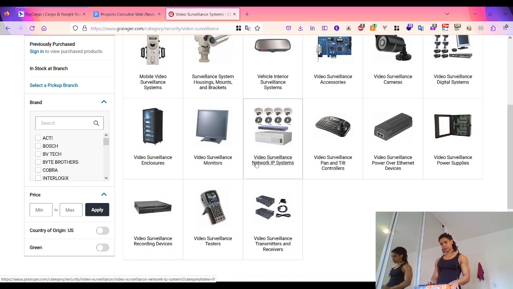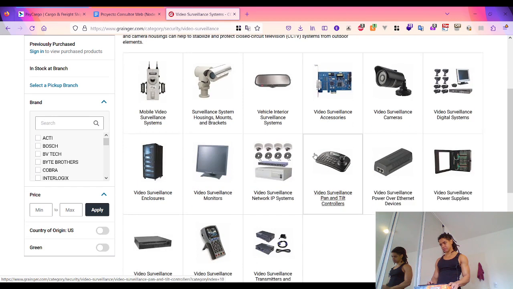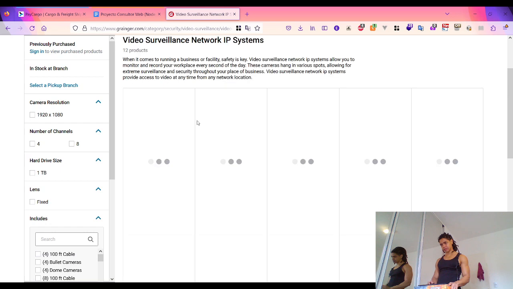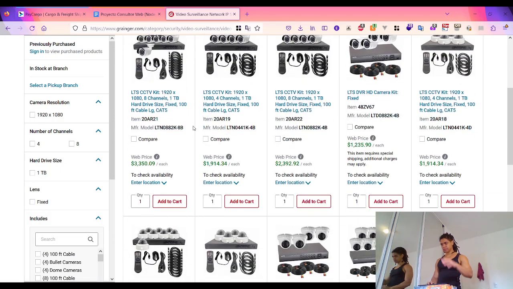Internet, interesting. Video surveillance enclosures, video surveillance monitor, video surveillance network IP system. Holy crap.